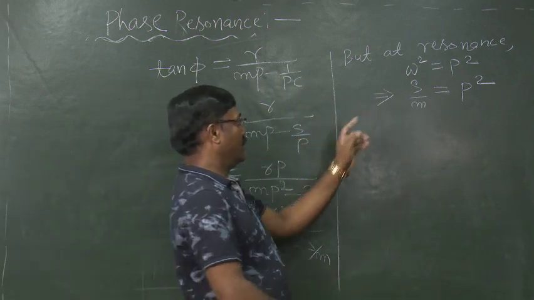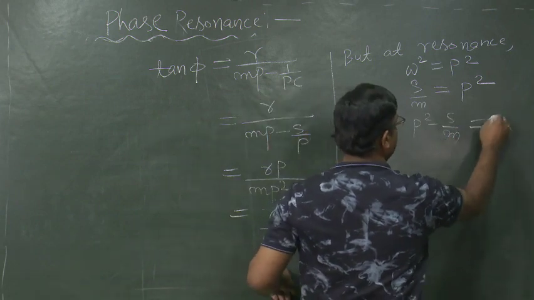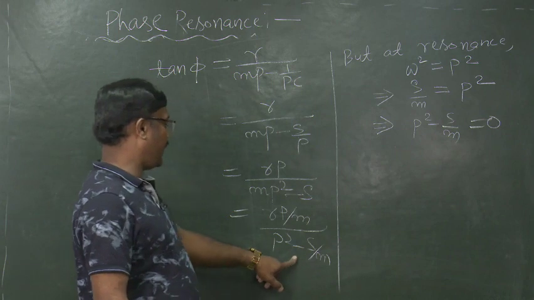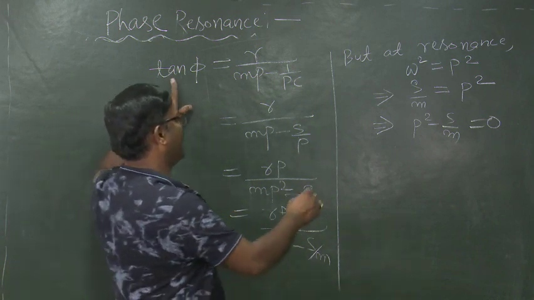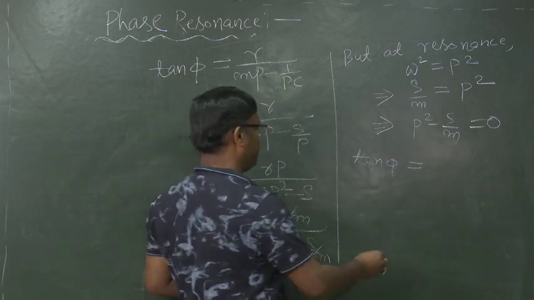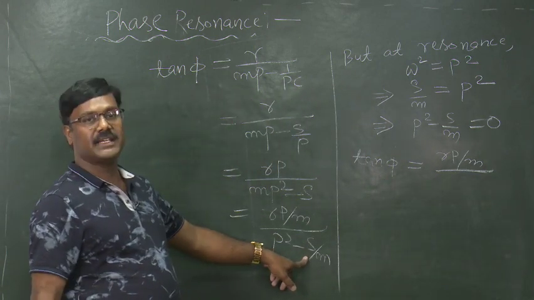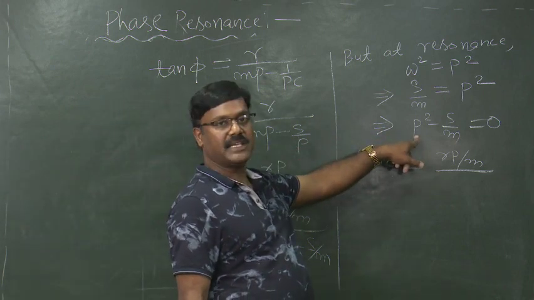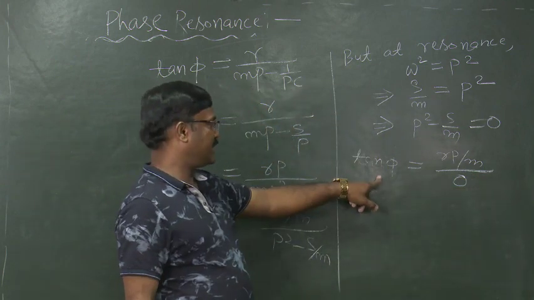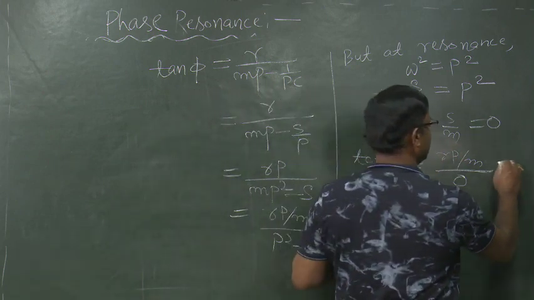So, this implies p square minus s by m is equal to 0. Putting this value in this expression, we can write tan phi equal to rp by m divided by (p square minus s by m), but we have found p square minus s by m equal to 0. So, something by 0 is nothing but infinity. So, this becomes infinity.